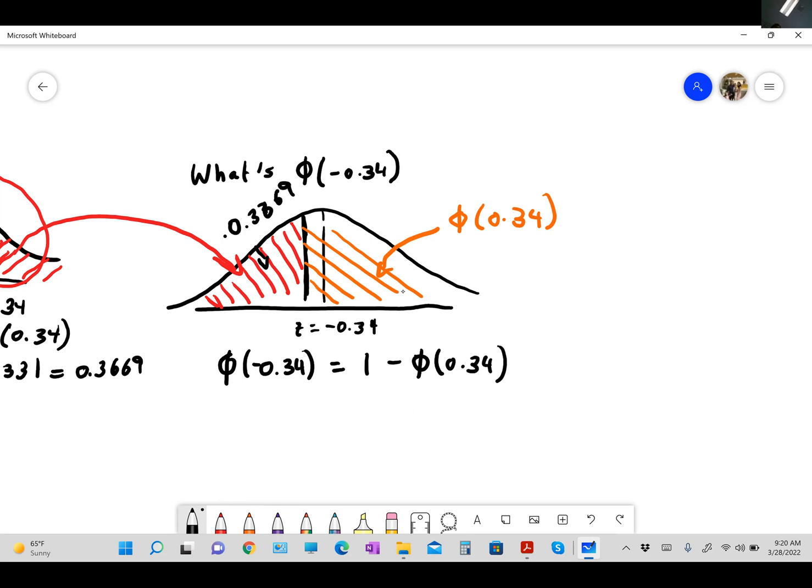If I want to figure out this piece here, it'd just be 1 minus 0.3669. But what's that? Well, that's 0.6331. So as long as you remember that, you can tackle a bunch of different problems associated with normal distributions.